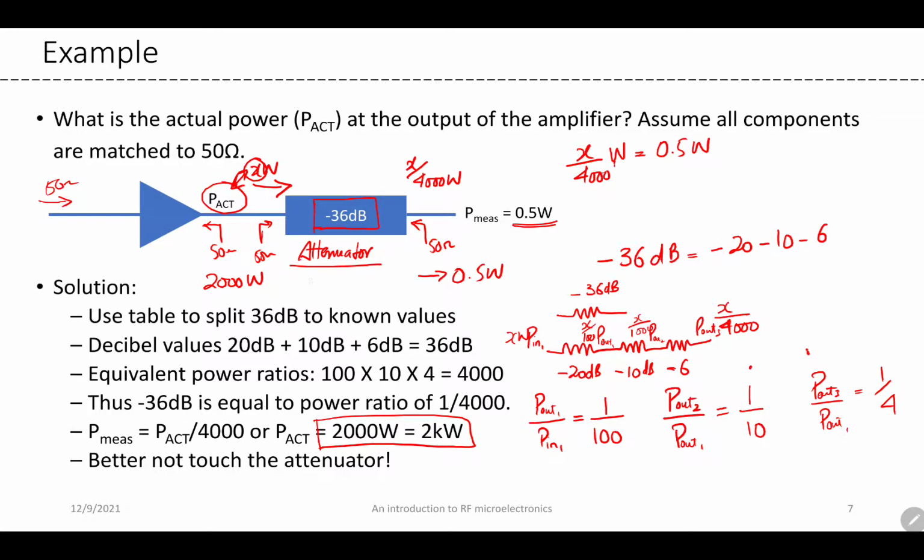So the attenuator is dissipating a power level of 1999.5 watts. So all of this is being dissipated by the attenuator in the form of heat. So this will be very hot. Better not touch it. Yeah. So all of this power loss is converted into heat by this attenuator.